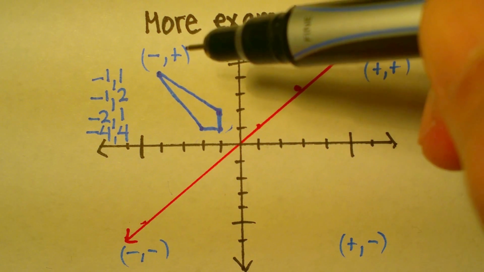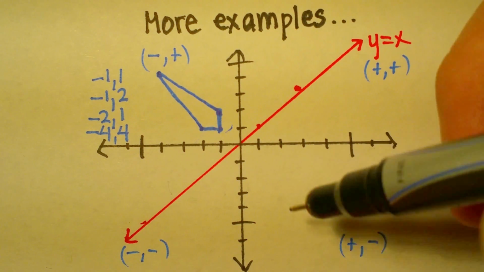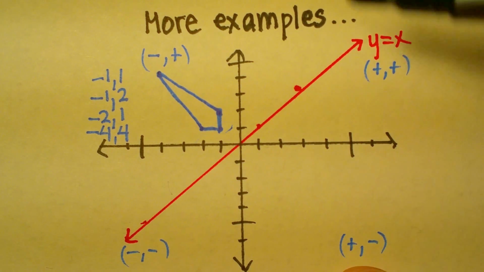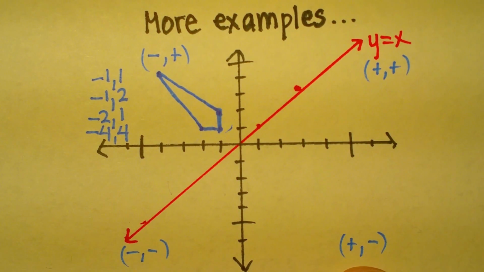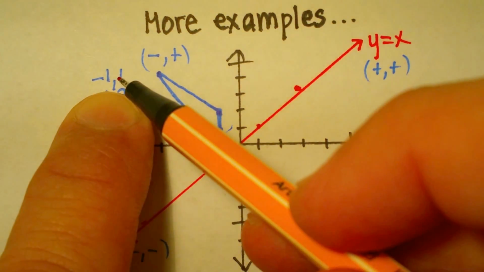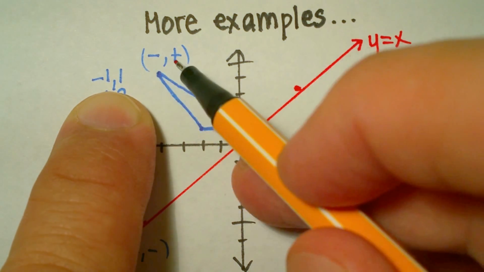When we reflect this figure, it would go over into this quadrant, and all the corresponding points will be positive and then negative. So let's try something. Let's take this first point and change places.